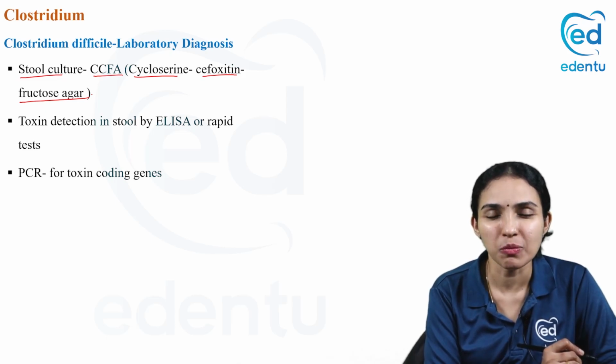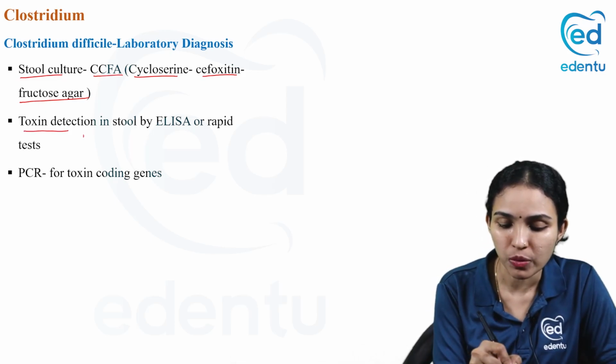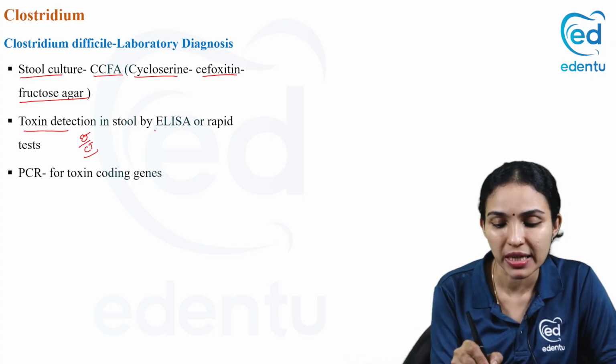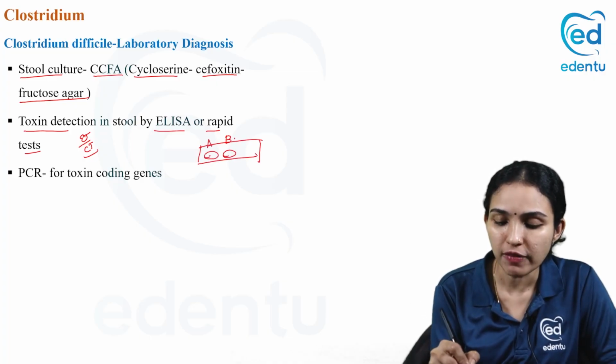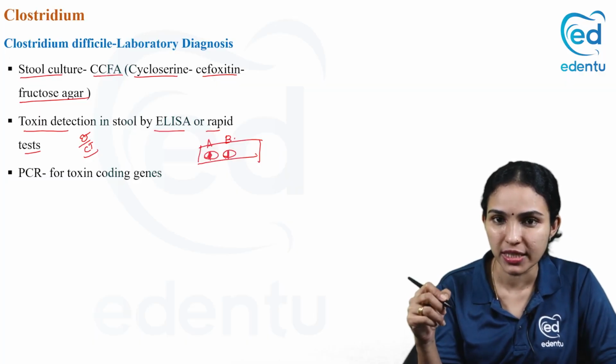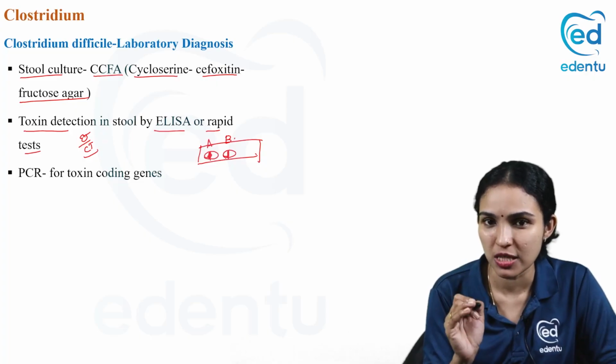Other than that, the better method to test for difficile is to detect the presence of toxin, both the enterotoxin and cytotoxin, in stool by ELISA or rapid test. You have a rapid card test available for toxin A and toxin B. If you have both positive, A and B positive in the rapid card test, you can find out that this particular bacteria is toxin producing.